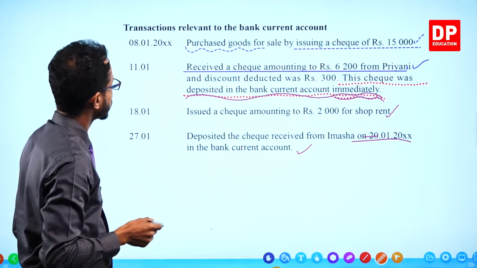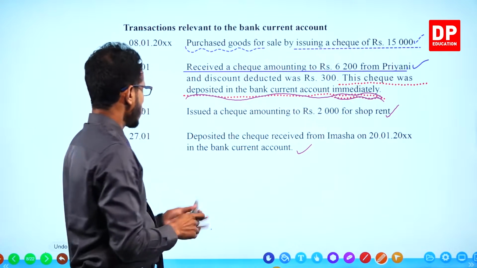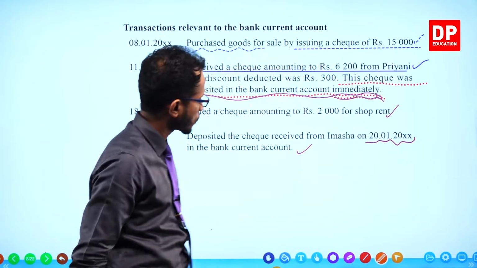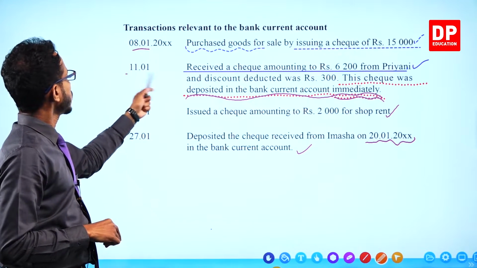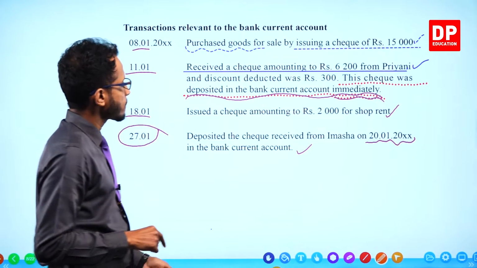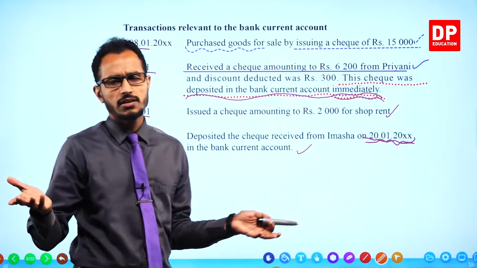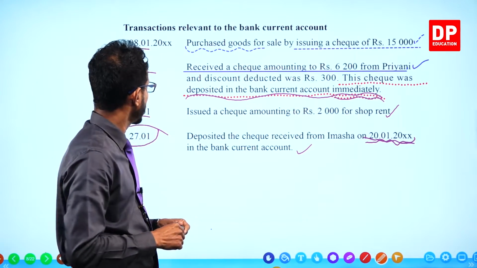Where is this transaction? 20th first. Is this 20th? No. This is the transaction we are doing. We have received a check from Imasha on 20th. Where is this check? Where is it?